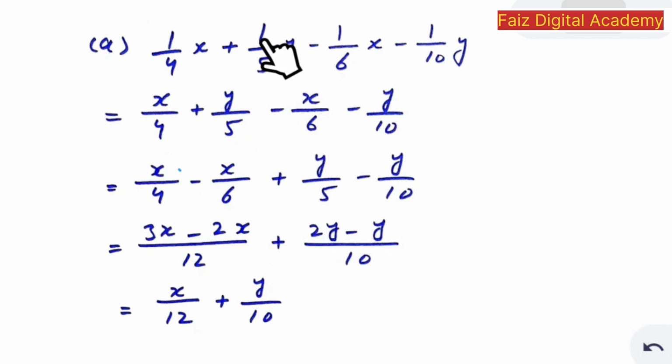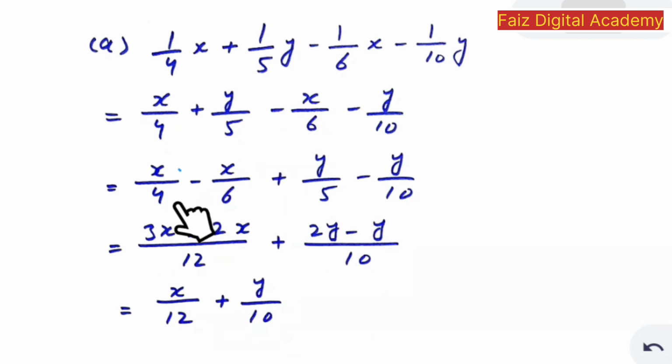Similarly y ones are y, x ones are x, and y ones are y. So we just multiply the number which is present next to the fraction, or we can say we multiply the fraction with the variable, and we get this answer in the first step.